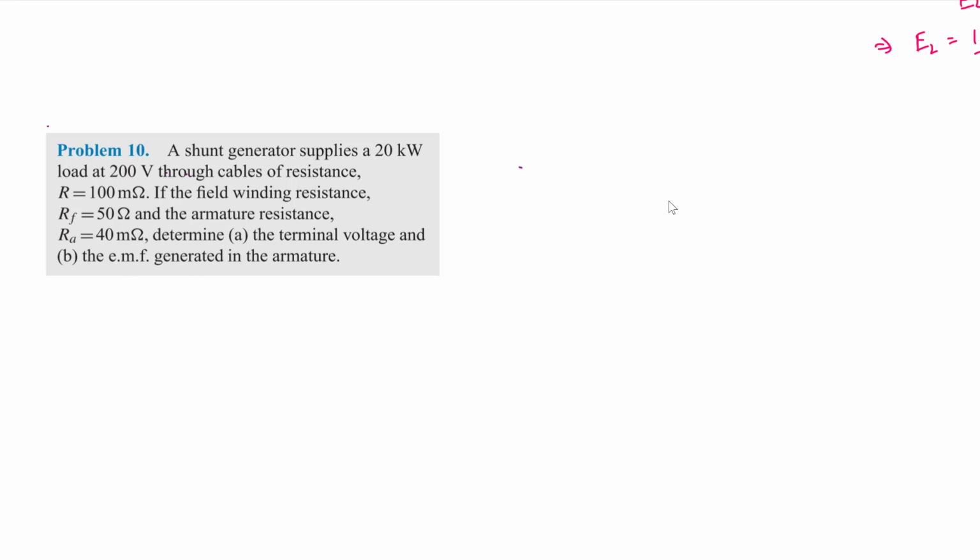A shunt generator will have the field winding in parallel to the armature. So let us draw that.